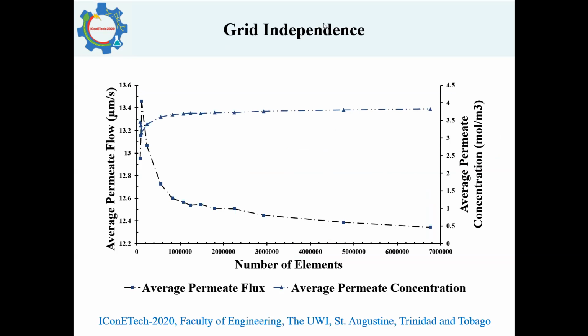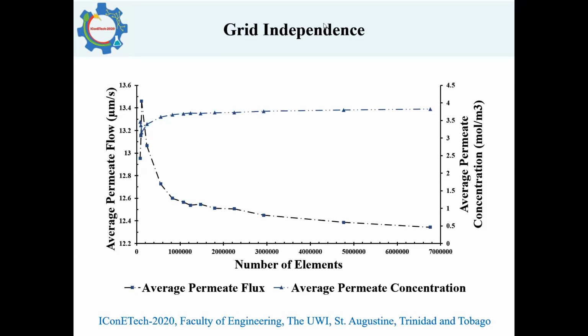For this, when we established grid independence, we assumed just basic values. So inlet pressure in this case was 1136.3 kilopascals. Our average velocity within the feed channel was 0.42 meters per second, with a concentration of 50 moles per meter cubed.